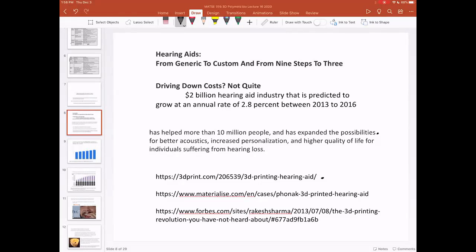But what the biomedical industry has discovered is that when it comes to people's health, people's comfort, people's quality of life, they're willing to pay a little bit more. And so that's why additive has made good inroads in this industry, because there's been a way to internalize the cost of additive into these products. So I suggest you check out some of these websites right here if you're interested in learning more.